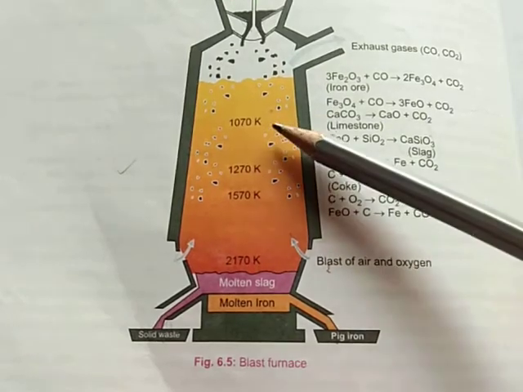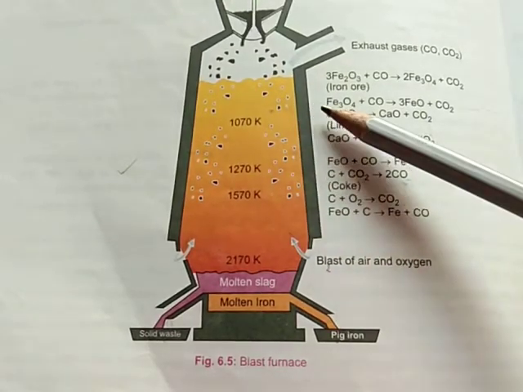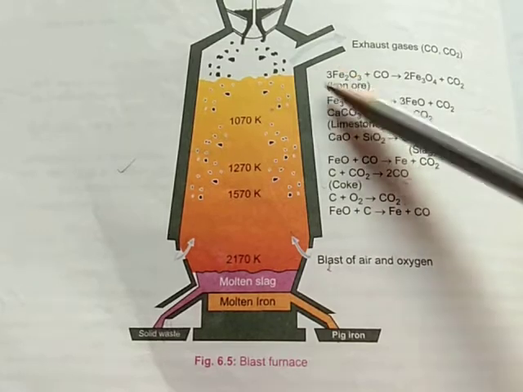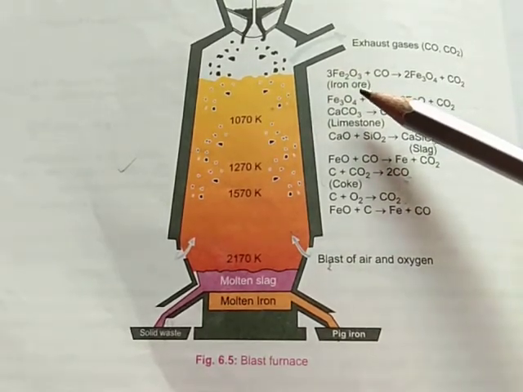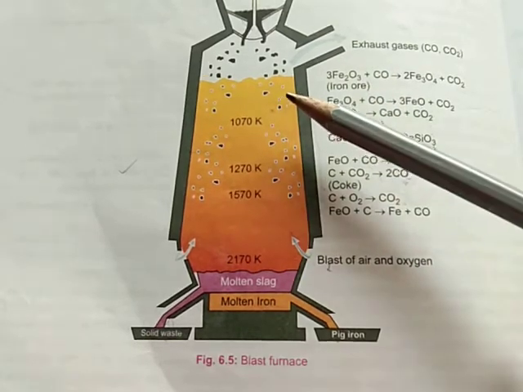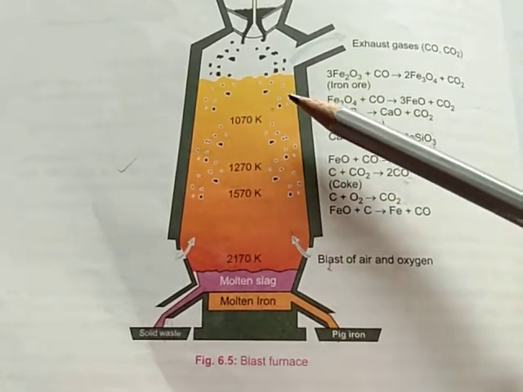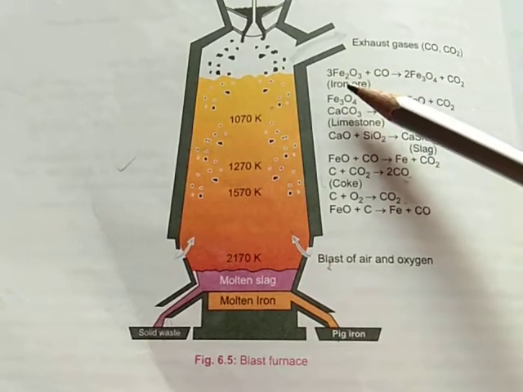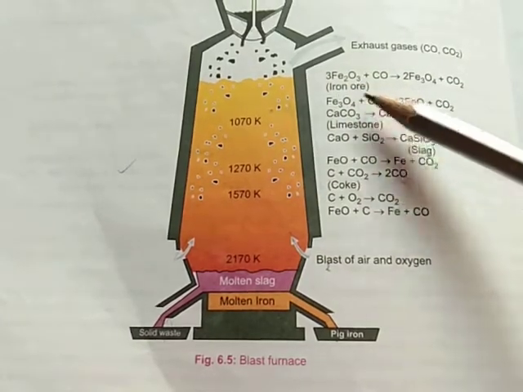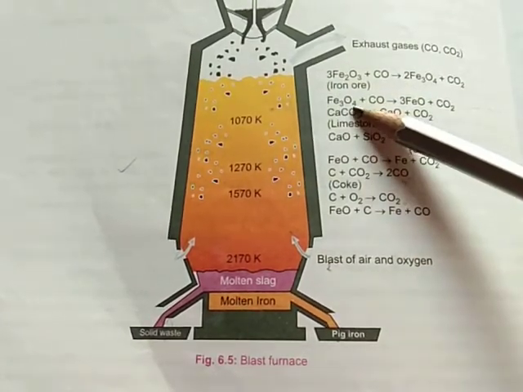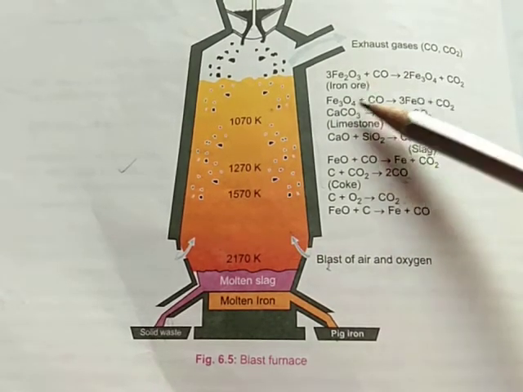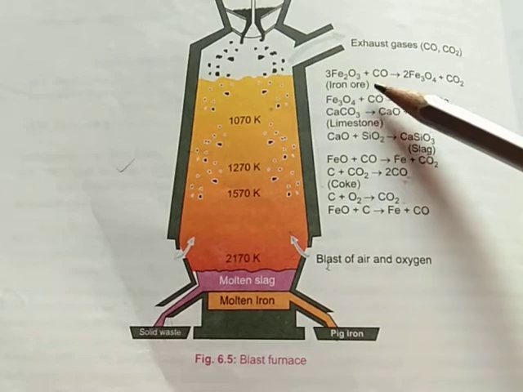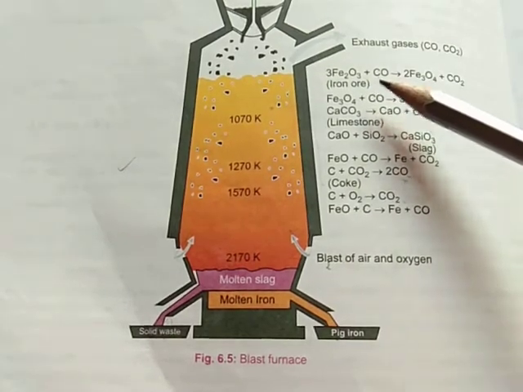Now the fourth zone is the reduction zone. This zone is near the top of the furnace where the temperature is about 870 Kelvin, and the oxides of iron, Fe2O3 and Fe3O4, hematite and magnetite, are reduced to iron, Fe, by carbon monoxide.